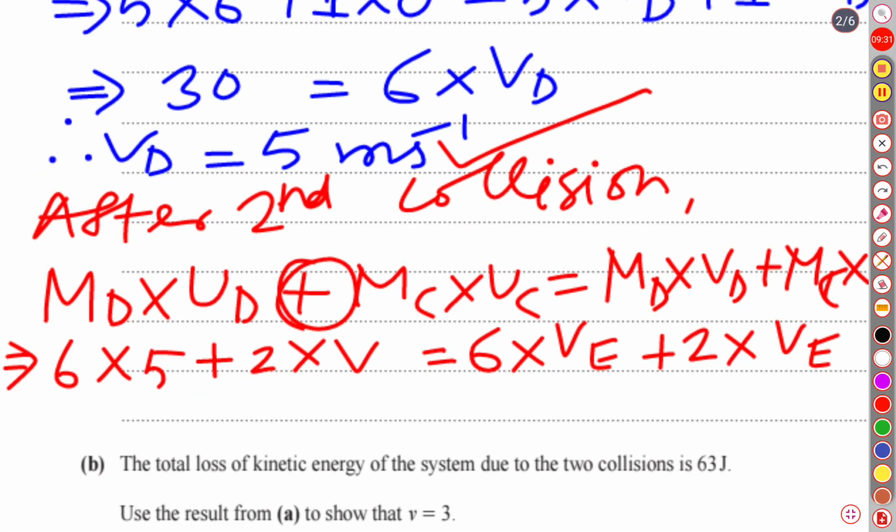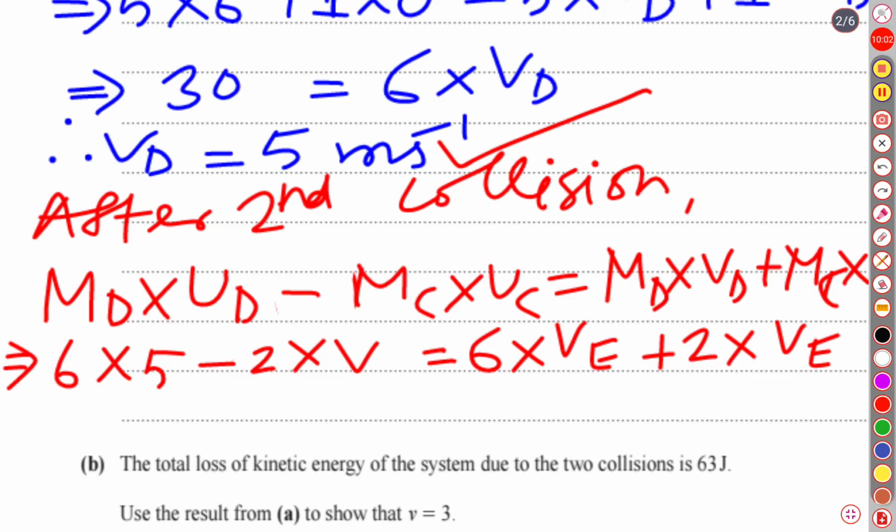That's why we cannot use the addition symbol here. Instead of addition, we will use subtraction, because the directions of motion were opposite to each other. So let's write a negative symbol here, and definitely this is also going to be a negative symbol.